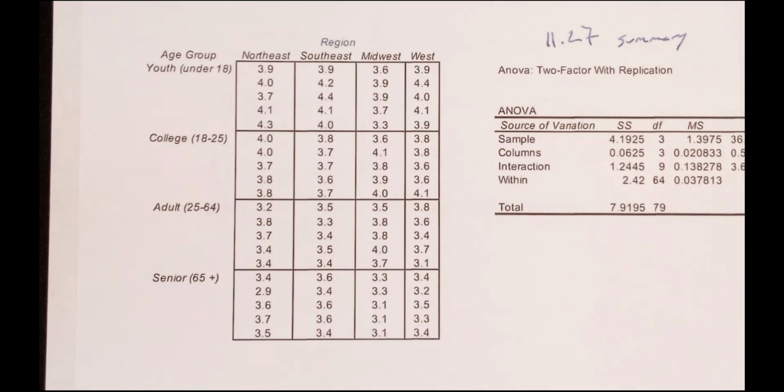I could run it against the other set of data just within here, but I already know that the region doesn't matter, so that doesn't help me very much. And I could run it here. I could run it just within the columns for the Midwest and run 3 t-tests. Adult against senior, adult against college, adult against youth, to see if this in fact is limited just to adult and how significant that is. I could run now single factor ANOVA.